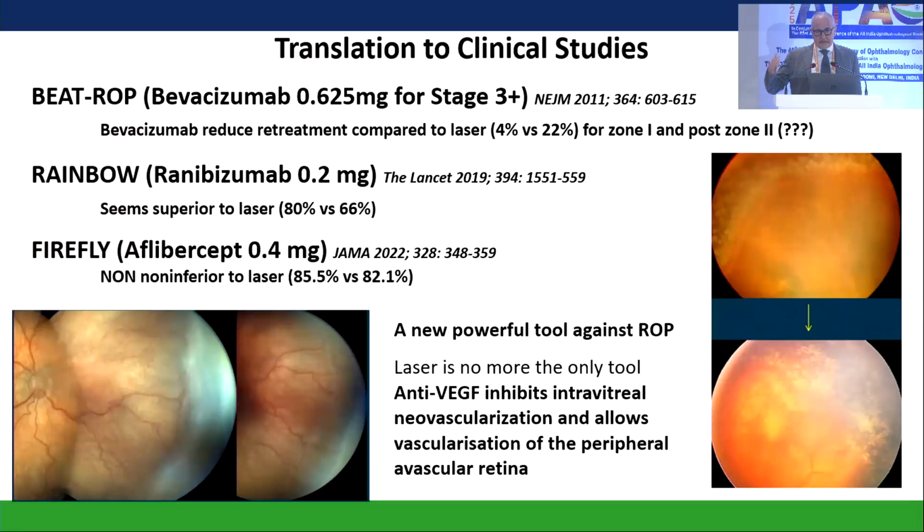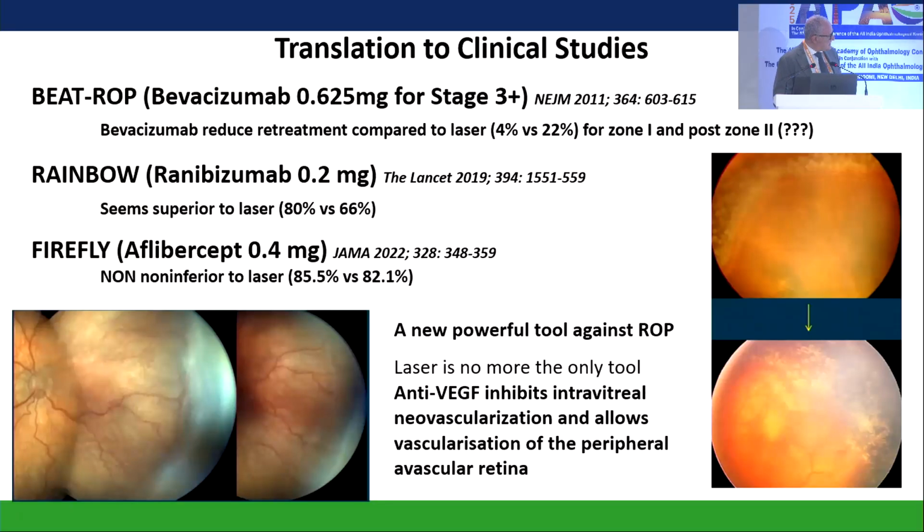This has been translated into clinical studies. BEAT-ROP was the first, done by Helen Mintz-Hittner in the US, and then two international studies. The first one was RAINBOW, completed 3 years ago, with statistical evidence that anti-VEGF seems superior to laser for the treatment of severe ROP.